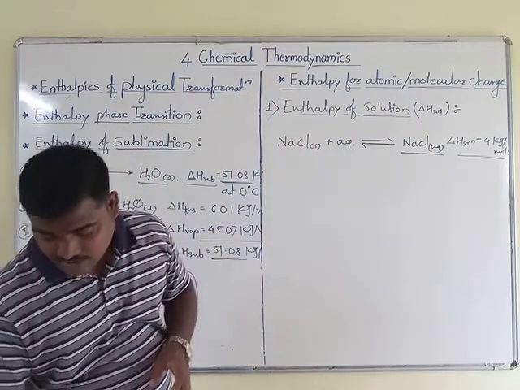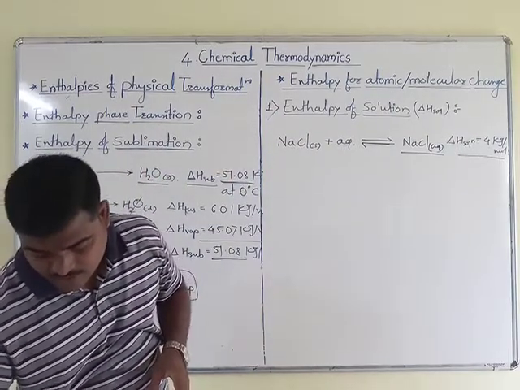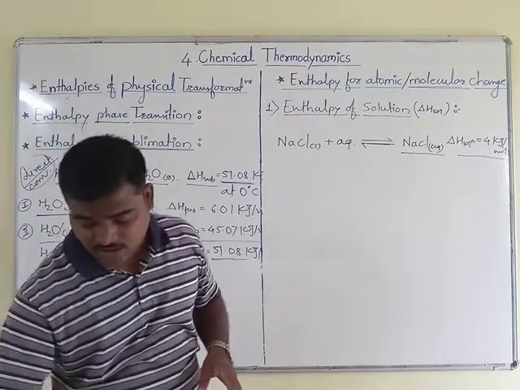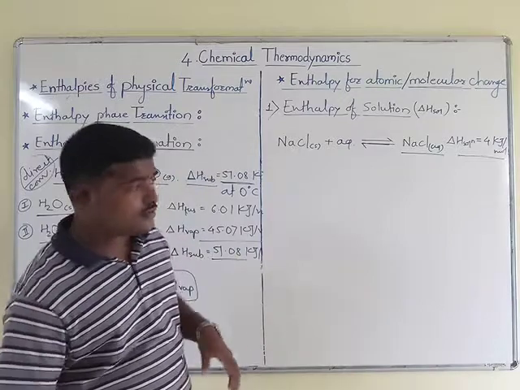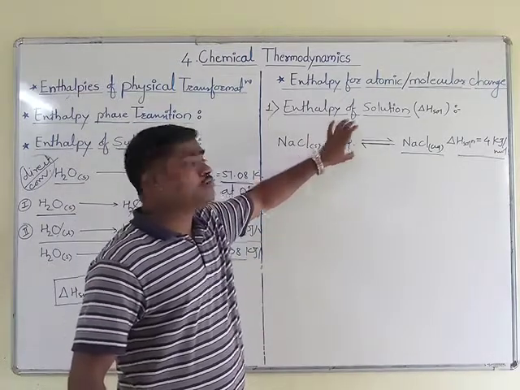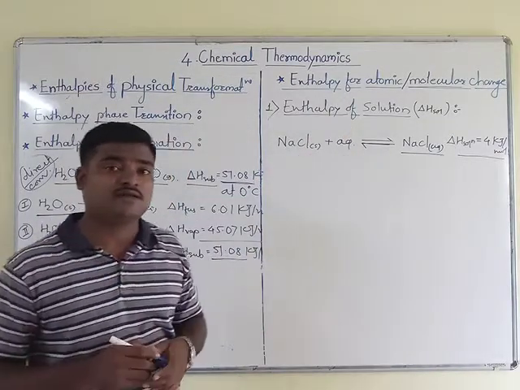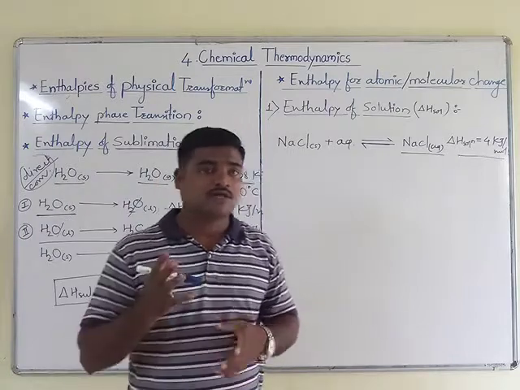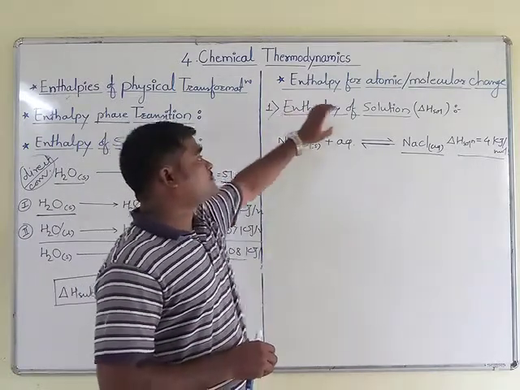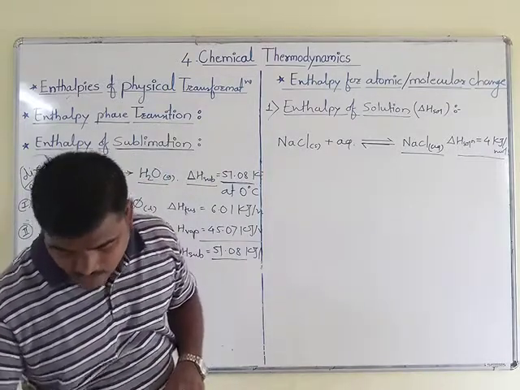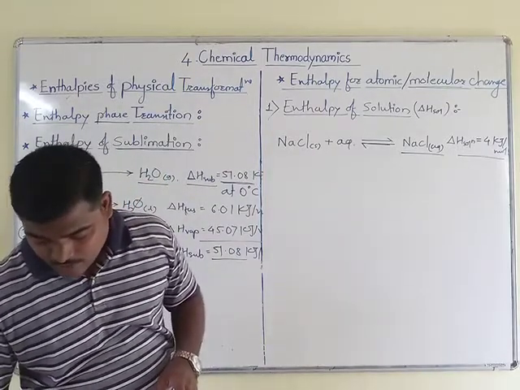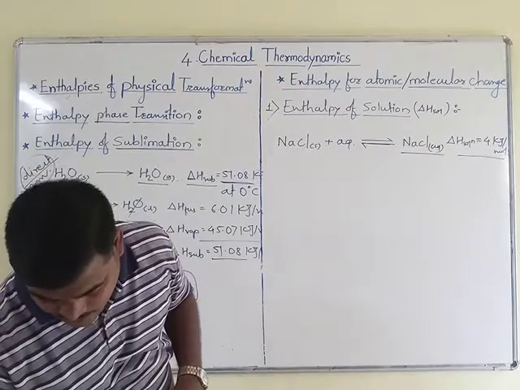That is the change when 1 mole of substance is dissolved in an infinite amount of solvent. In that case, the aqueous solvent which we are going to use should be an infinite amount. Then you can calculate the enthalpy of solution at infinite dilution. Okay. Now an ionic compound dissolves in water in 2 steps.